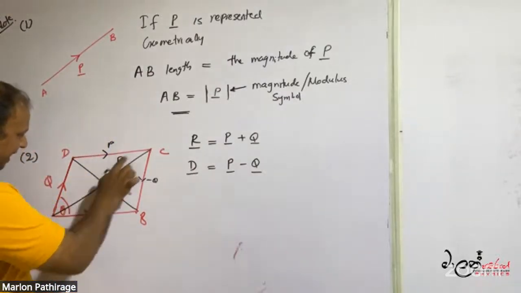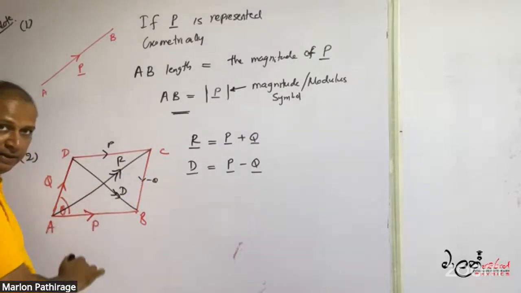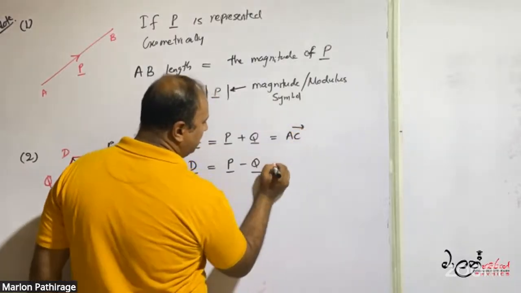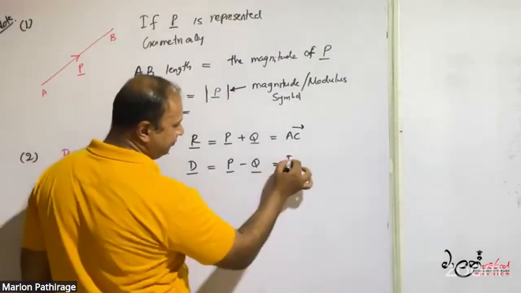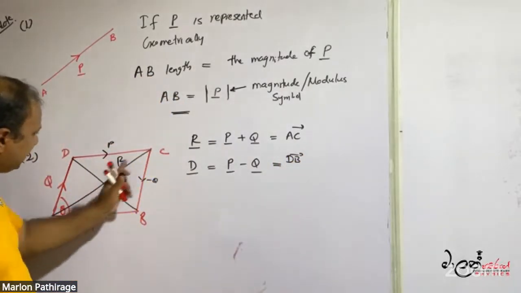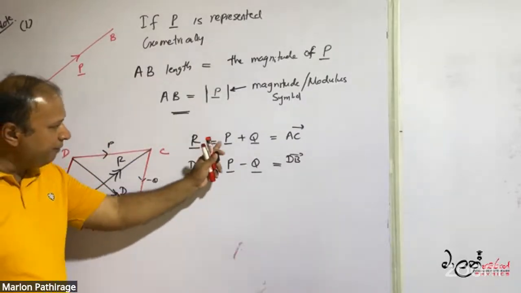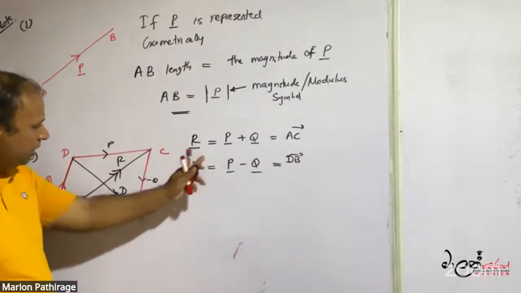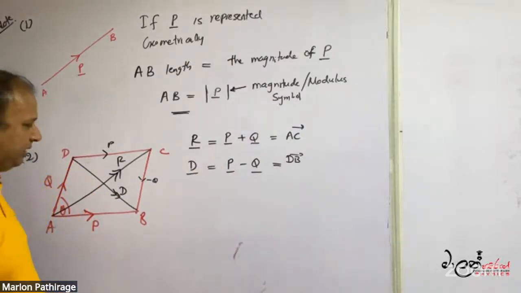Therefore, the resultant vector is AC vector, and the difference vector is DB vector. So AC length is equal to the magnitude of the resultant vector, and DB length is equal to the magnitude of the difference vector.